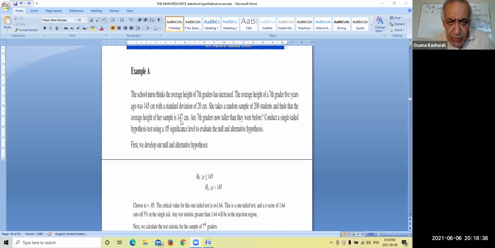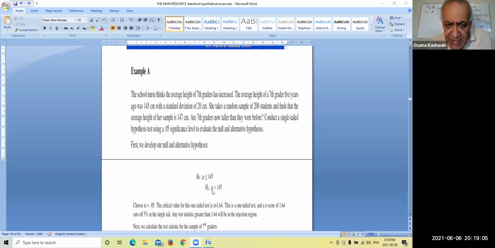So the sample is more than the population. The population is all the students; the sample is the 200 she took. She measured them and found their height is 147, which is more than 145.